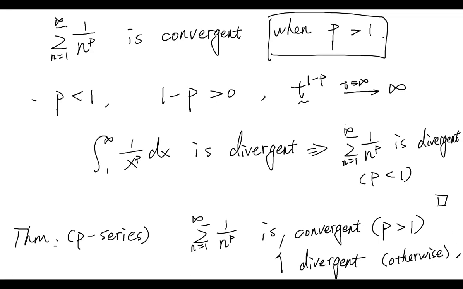The second topic in this section is testing by comparing, or the comparison test. The comparison test is to determine the convergence or divergence of a series from another series.